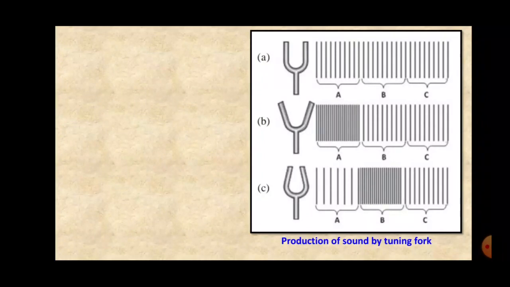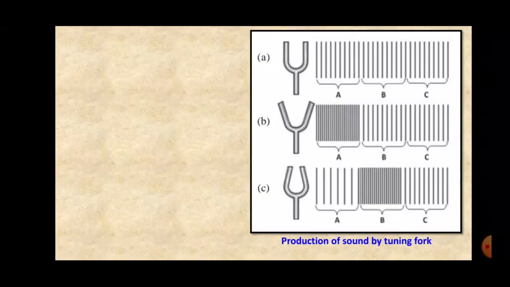Now here in the A region, in the B picture, the air molecules in the compression part have more energy. As the prongs move inside, this energy is transferred to the B part of the air column, right? And there the compression is created, as you can see in the C picture.